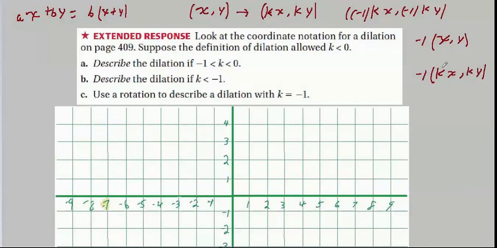So if k is between 0 and 1, meaning that our transformation is a reduction, well, all this negative sign does is move it.